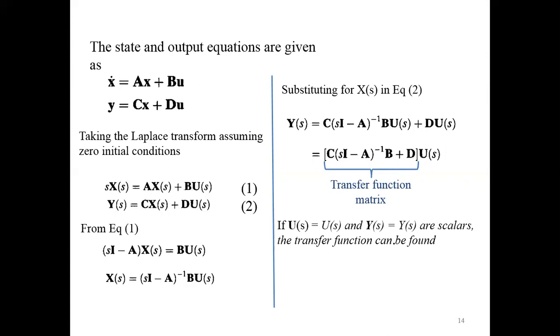If U of s and Y of s are scalar terms, we can find the transfer function. If we solve this term, we can get the transfer function. From state space, we know the vectors and matrices A, B, C, D.